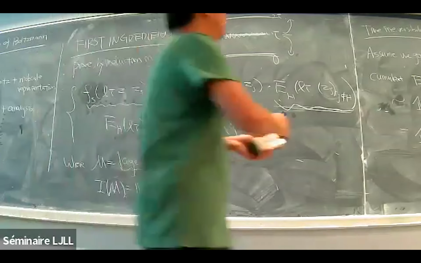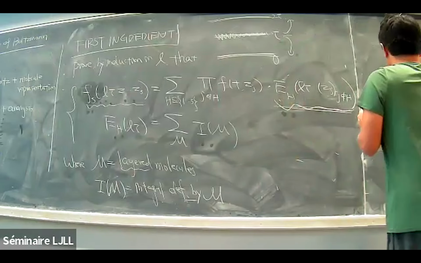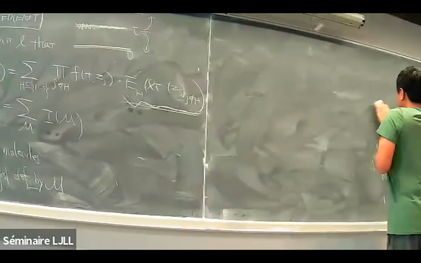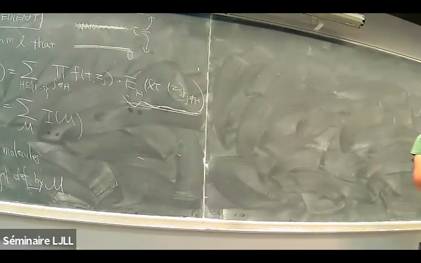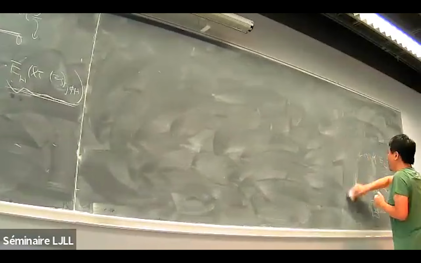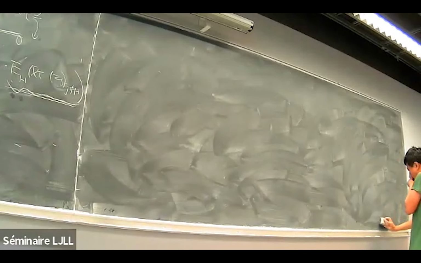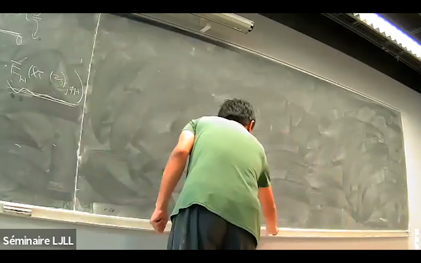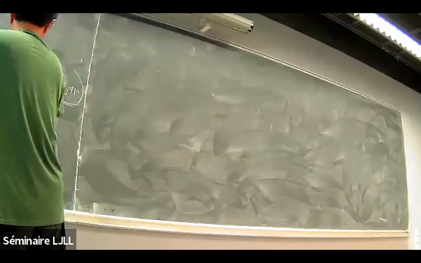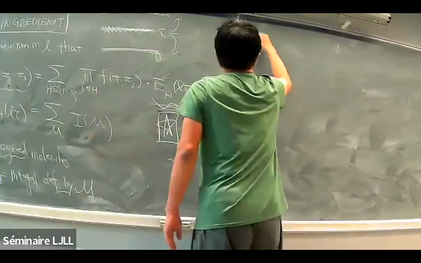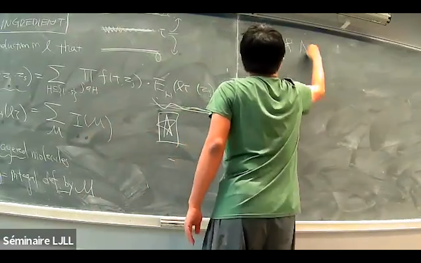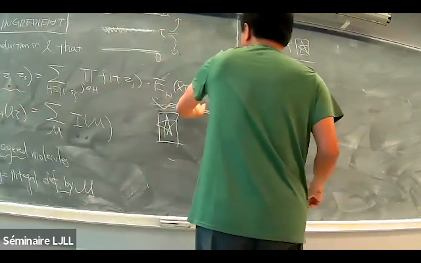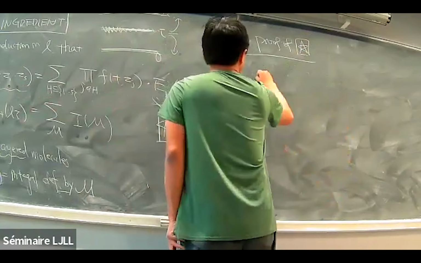Of course, I'm going to show you what this molecule M is, and what this I of M is. For the base case, F was 0, everything is trivial, because there is no cumulant, the cumulant is 0.